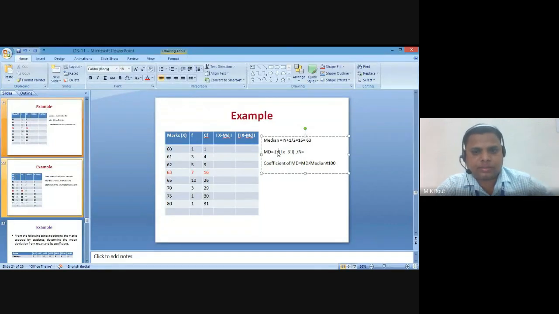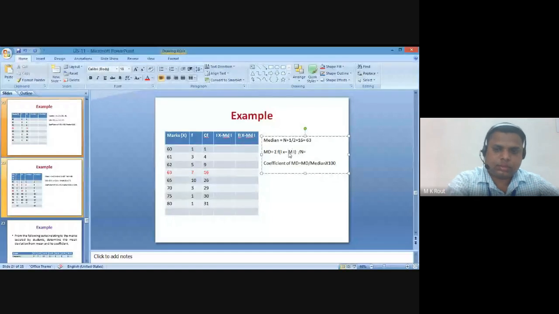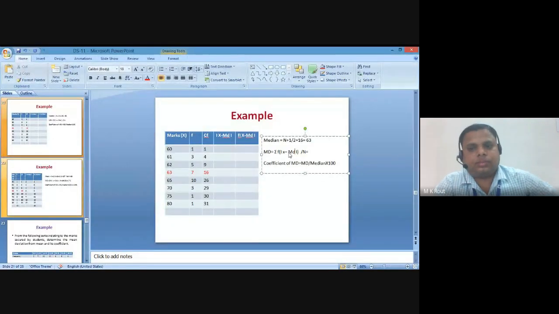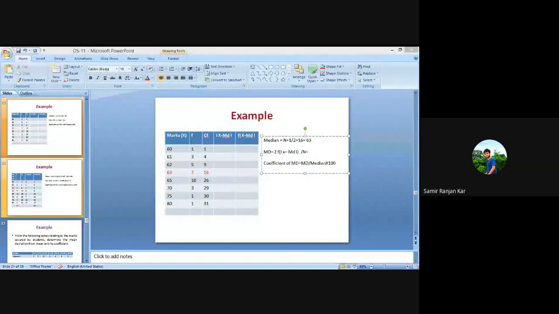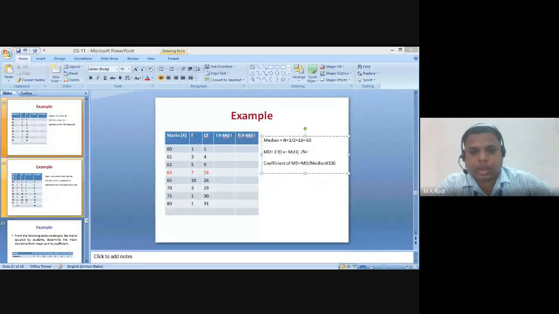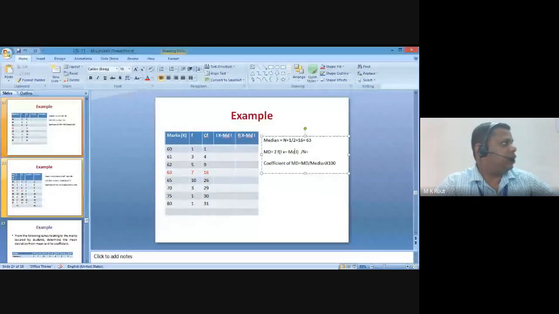I just change the formula: sum of f times the absolute value of x minus median, that is median, divided by n. So what is the value of mean deviation? 2.70. 2.70 is the correct answer.